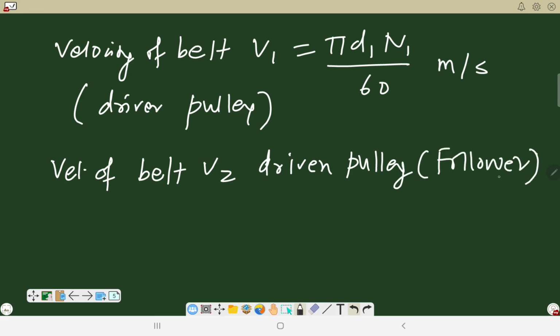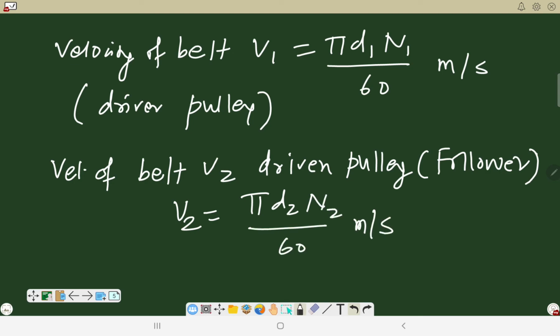V2 can be written as pi d2 n2 upon 60, measured in meter per second. V1 is related to velocity of the belt on the driver pulley, and V2 to that on the driven pulley.